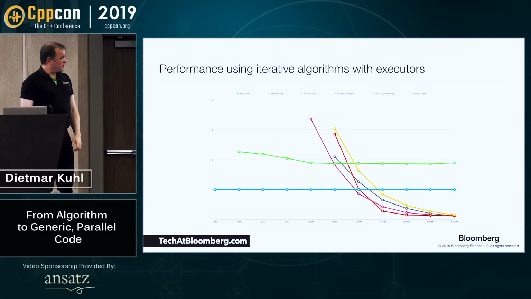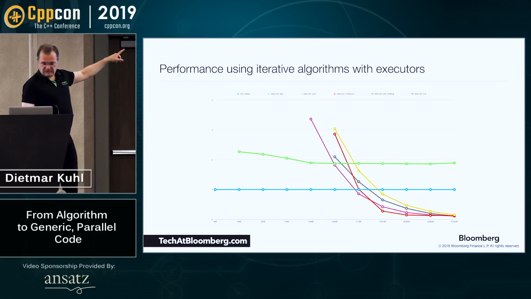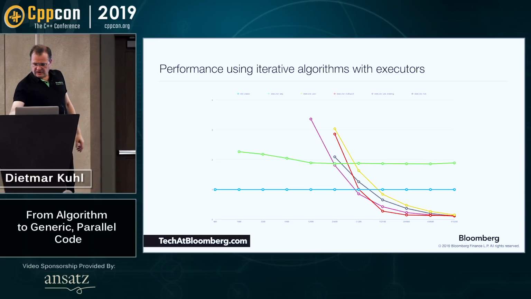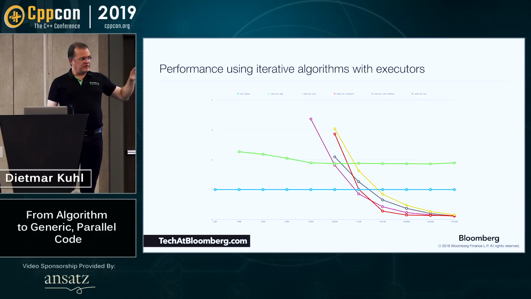I did try to create a job stealing executor myself, but I entirely failed, I think. Well, I didn't entirely fail. This is one of the versions, and the last one, the gray version, is using the task group from thread building blocks again. The interesting bit there is this thread building block version.